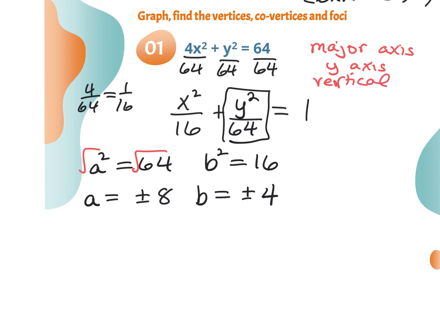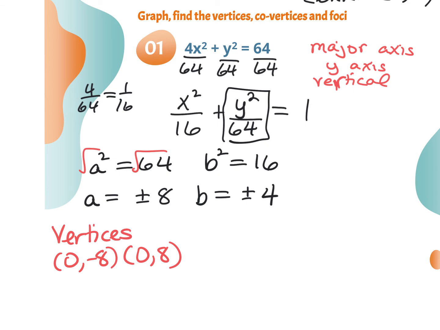So when I go to write in my vertices, I'm going to be putting this a value in the y spot. So my vertices are going to be the ordered pairs 0, negative 8 and 0, positive 8. Now, when it asks you to enter it in WebAssign tonight, it's going to ask you to enter the smaller vertex and then the larger.